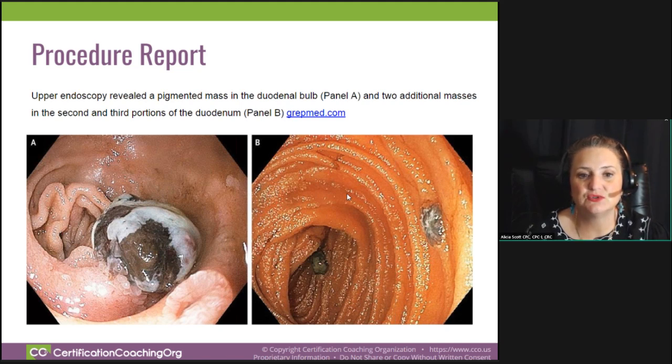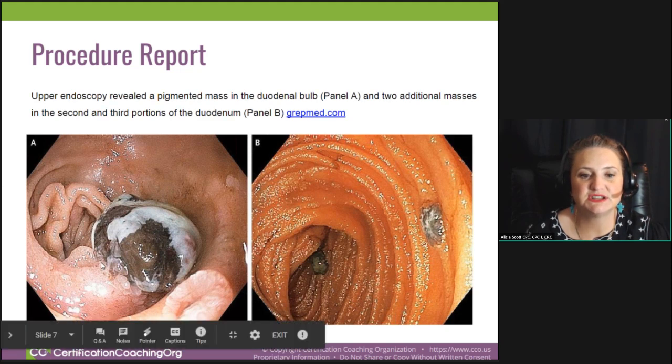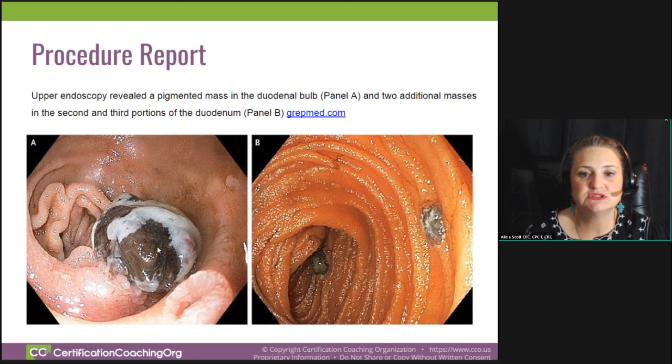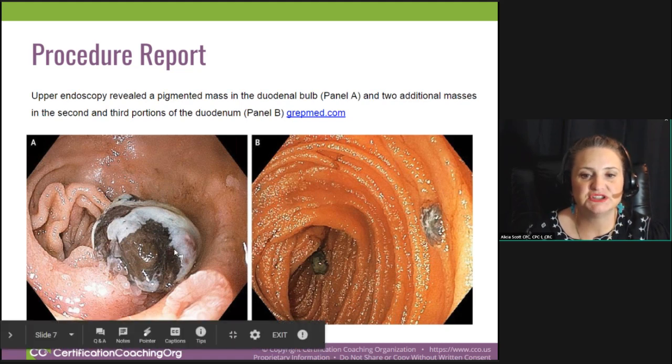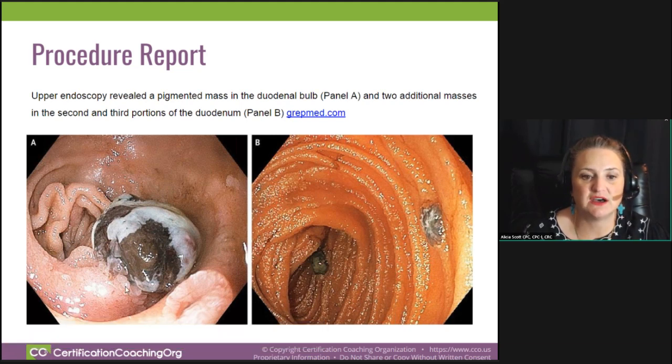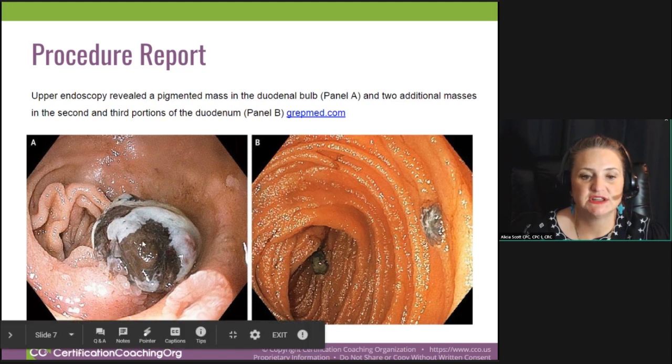So this is a view of the duodenum, the beginning of the small intestine. Okay, and it's telling you that in this particular one, we have a pigmented mass in the duodenal bulb, which is right where it opens up to the duodenum. Okay, so this is obviously attached.